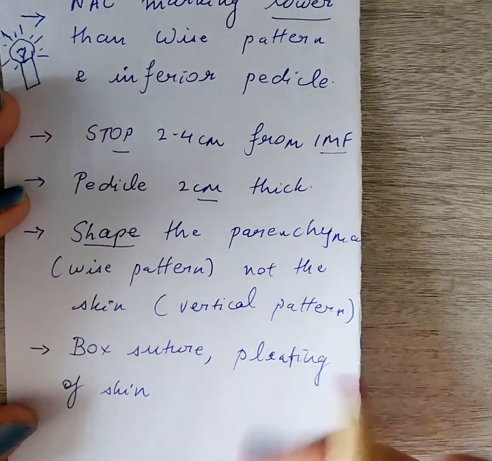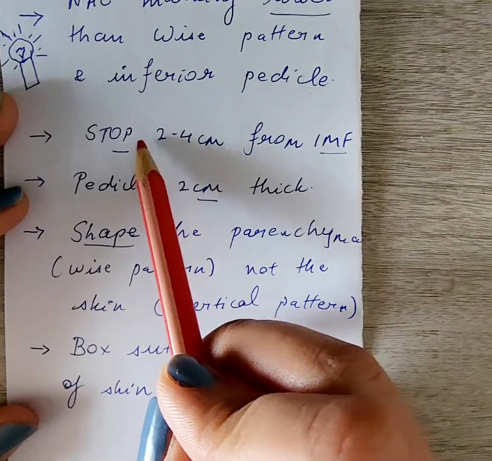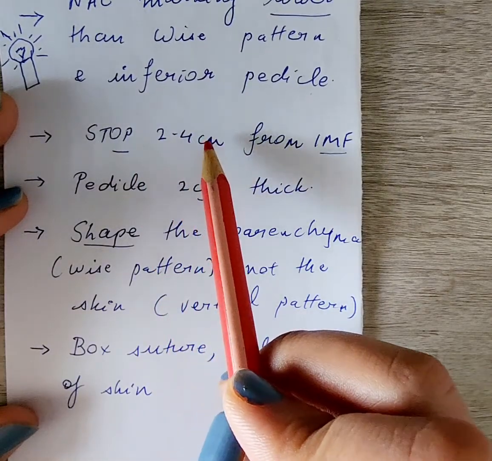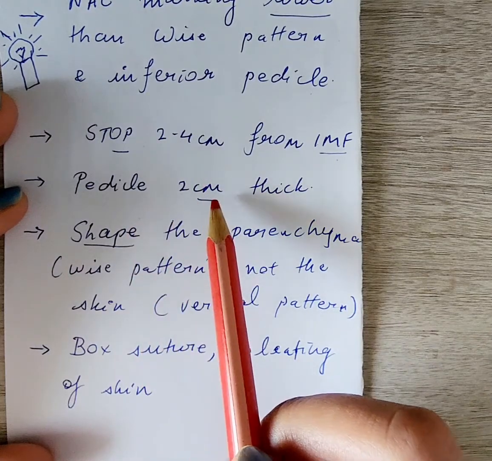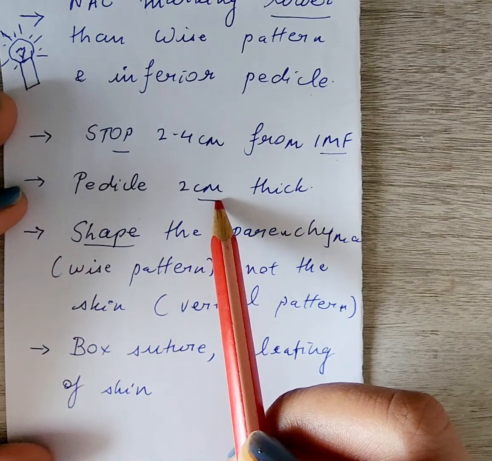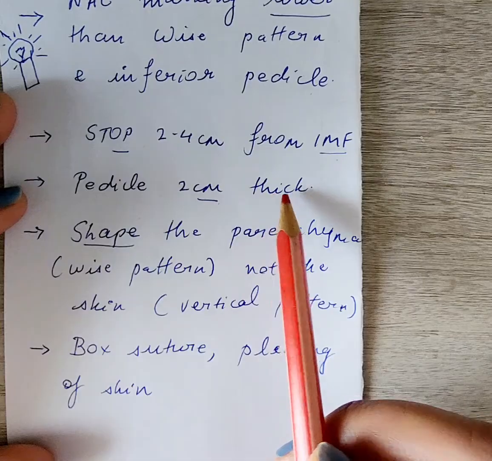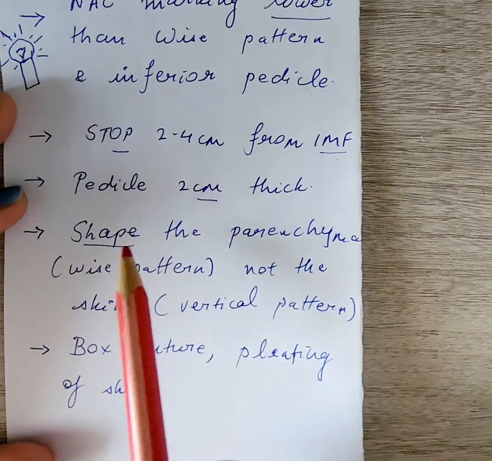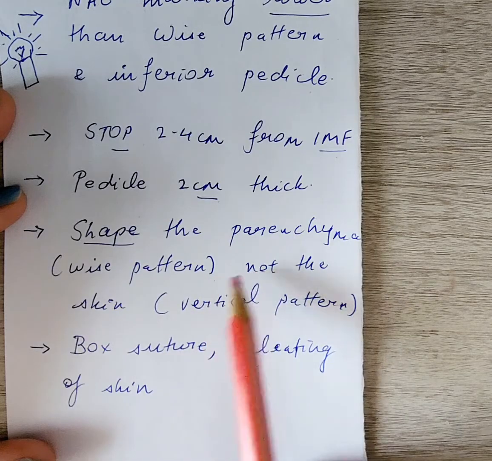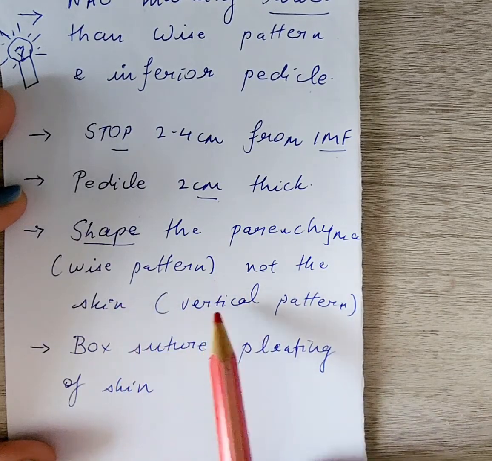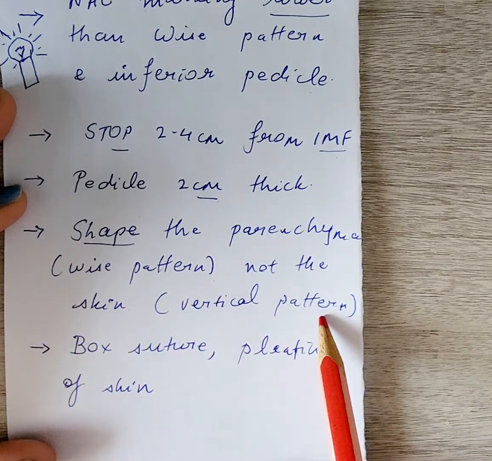The markings of the medial and lateral pillars where they meet inferiorly have to stop 2 to 4 cm above the IMF. A pedicle as thin as 2 cm is sufficient and helps in better rotation of the pedicle. Shape the parenchyma according to the Weiss pattern if needed, but not the skin. The skin always follows the vertical pattern and marking.